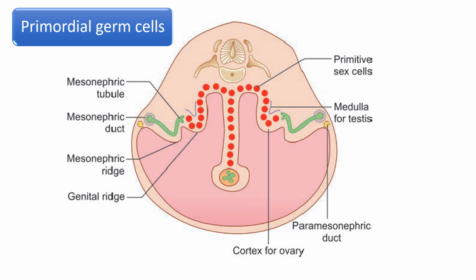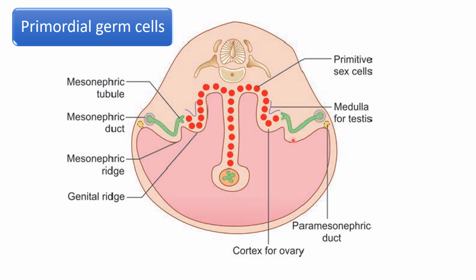Now we will be seeing the details of development of gonads. First, we will see some general points regarding the primordial germ cells, the source of these primordial germ cells. This is an axial section of the developing embryo where you can see the developing gut tube over here. This area will be the dorsal mesentery of the corresponding gut tube.